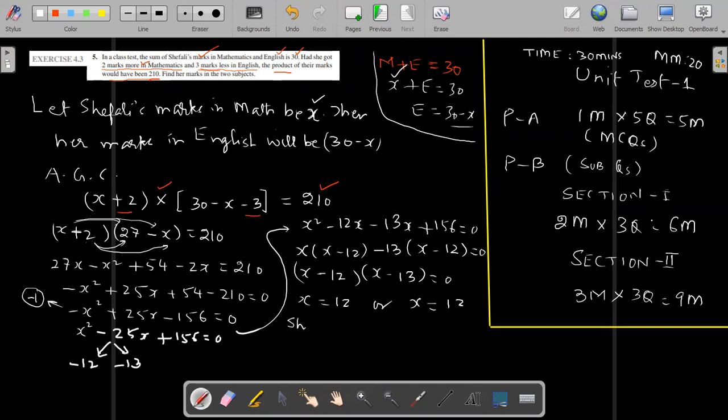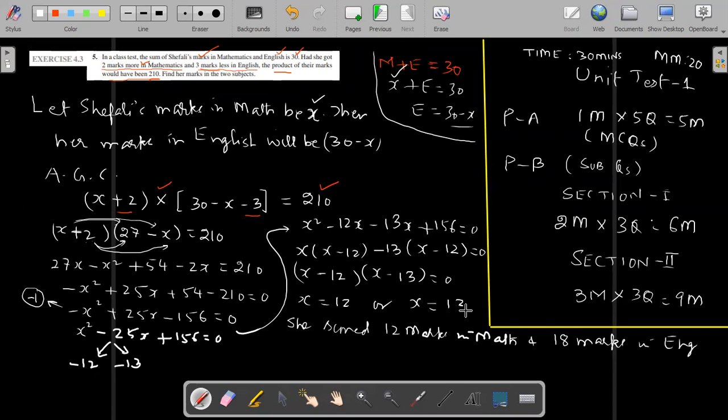So she scored 12 marks in math and 18 marks in English.